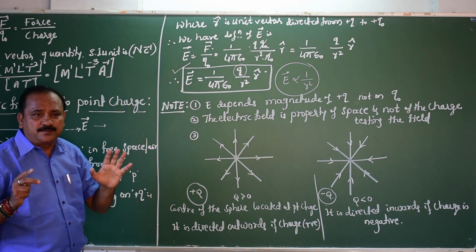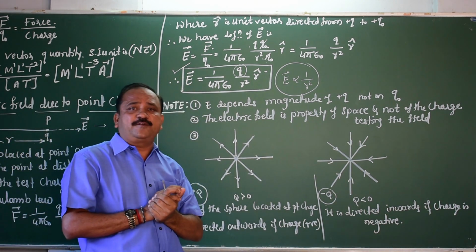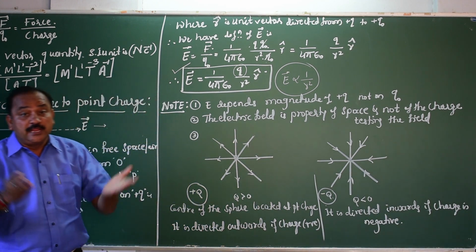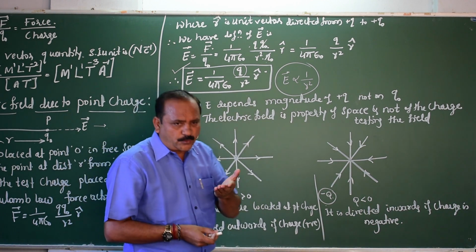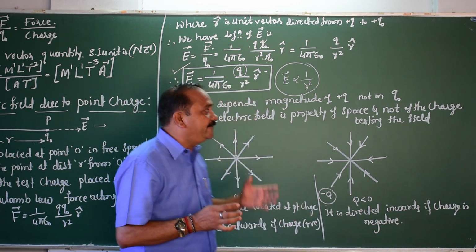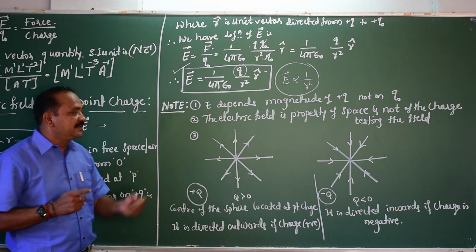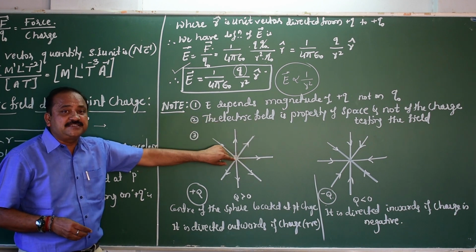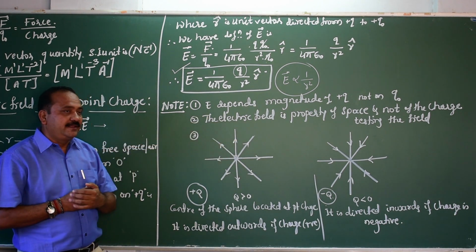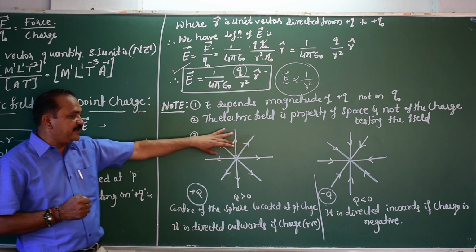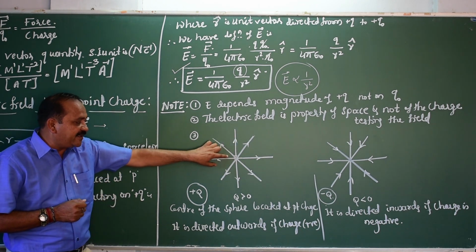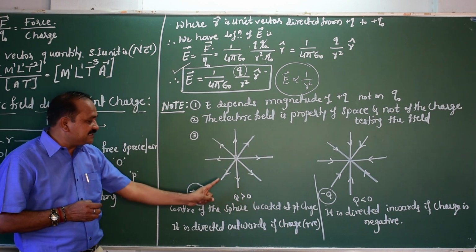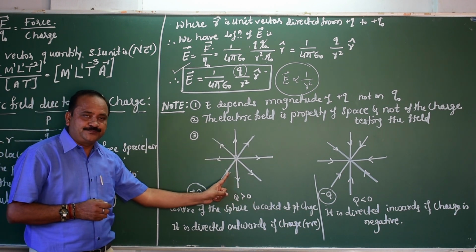These points are also very important from the competitive examination point of view, and even for board examinations; twice in the last few years they have been asked about this. Consider the center of a sphere located at the point charge. The field is directed outward if the charge is positive.